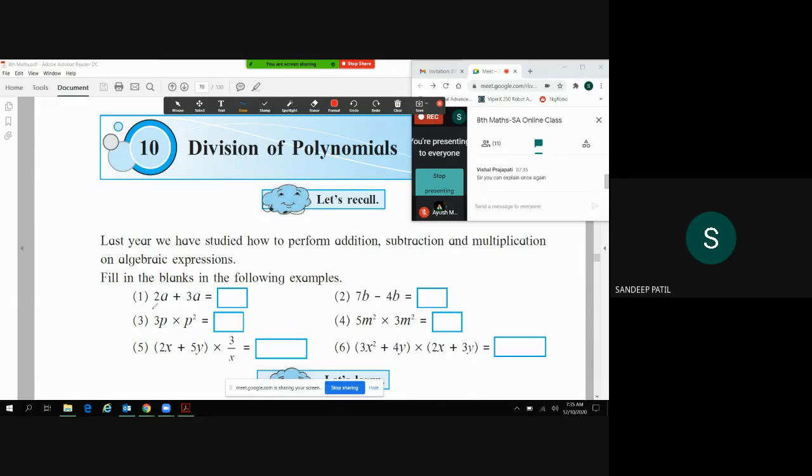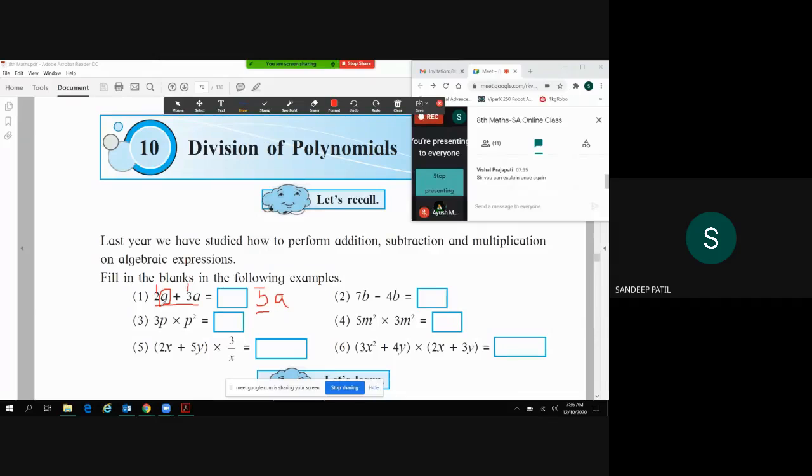Okay, so while adding, we know that the constant terms are 2 and 3, so they will be added and it will become 5. यहाँ जो constant term है 2 and 3 are constant. constant मतलब जो वैल्यू चेंज नहीं होगी. और जहाँ a है, a is the variable. a वेरिएबल है, इसका मतलब है a की वैल्यू चेंज हो सकती है. हम जो भी असयूम करेंगे वो a की वैल्यू होगी.